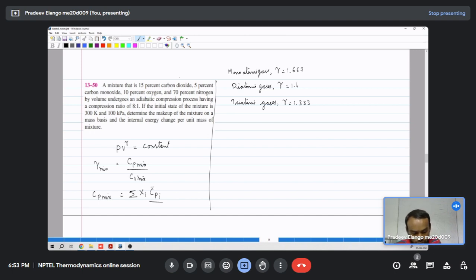Now carbon dioxide is a triatomic gas. Carbon monoxide, oxygen and nitrogen are all diatomic gases. Using this gamma and the molecular weight of the individual constituents, we will be able to calculate the Cp of the individual constituent. So this will again be Cp bar.